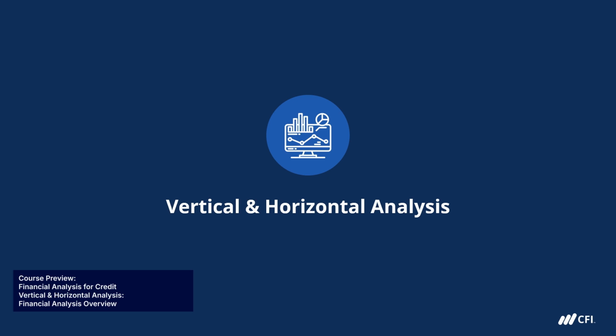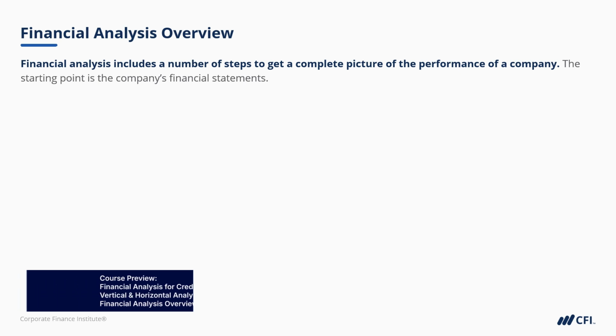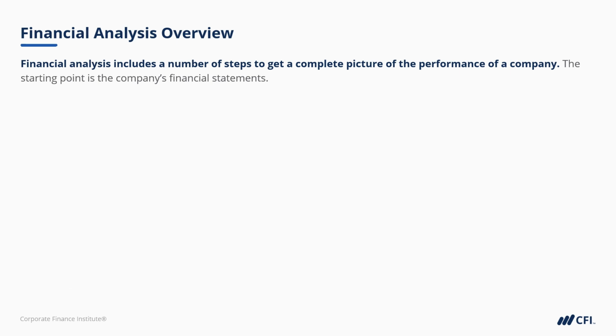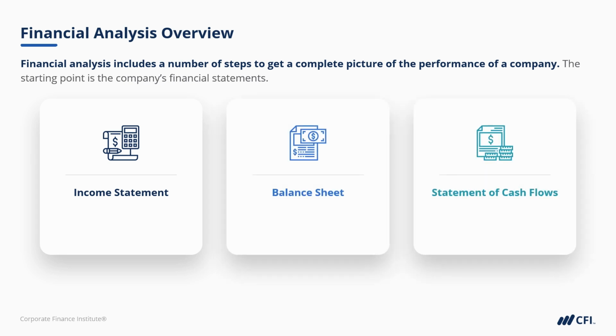Financial analysis includes a number of different steps in order to get a complete picture regarding the performance of a company. The starting point for this exercise is the company's financial statements, in particular, its income statement, its balance sheet, and its statement of cash flows.